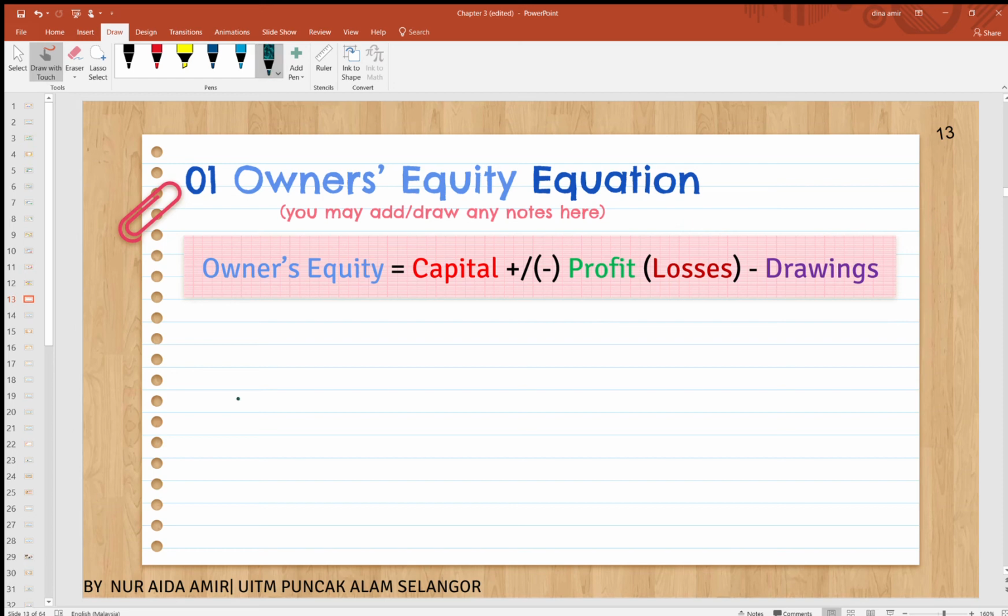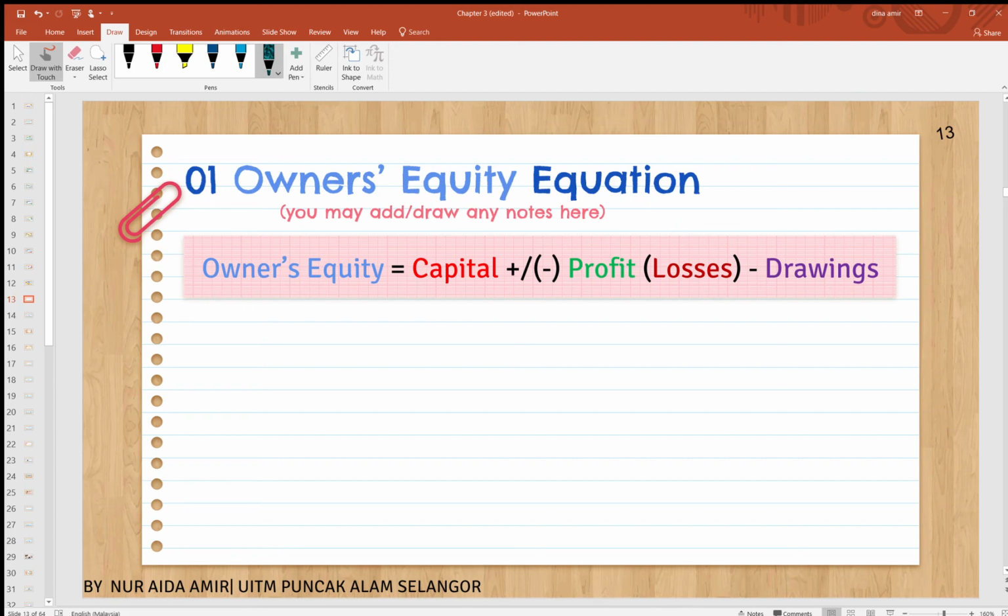So, right now, let's see what is the honest equity equation. Equity equation ni dia nak tunjukkan equity ni sebenarnya berpecah kepada banyak components, dan you kena tahu each of the components apa dia punya function.